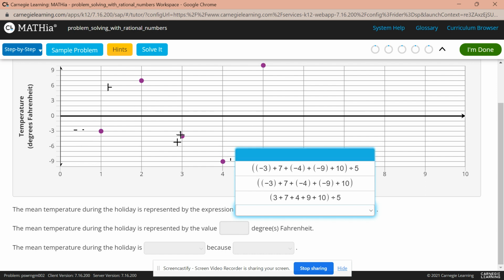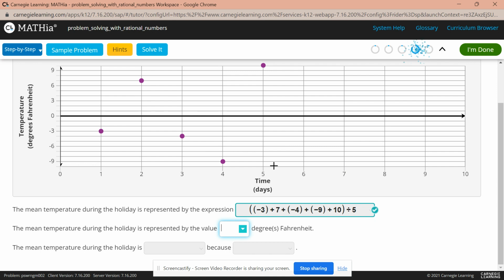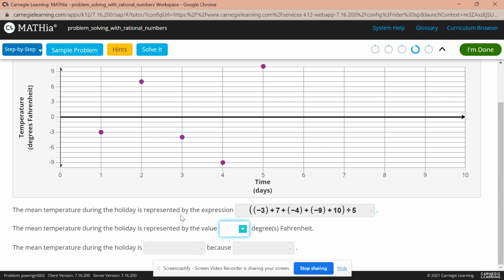And then how many data points do we have? One, two, three, four, five. So once we combine all of these, which is why we use the addition operator in between each one, we have to divide it by five because there are five pieces of data there. Okay. So that's going to be our correct solution.